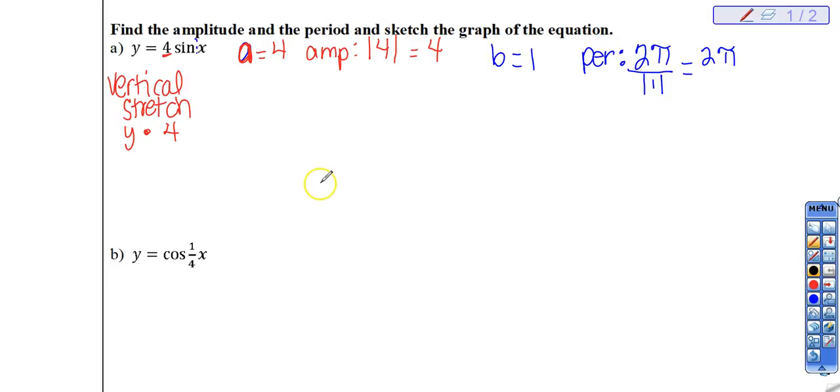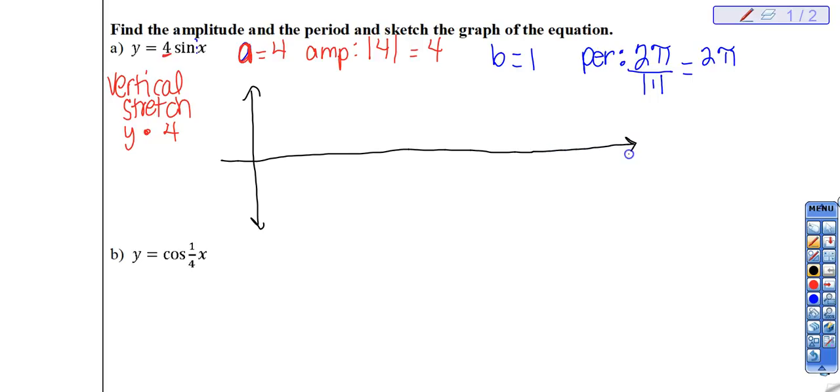So we have to be really thoughtful about how we create our graph. And I'm really looking for you only to draw one cycle of the graph. So mostly we'll work on the positive side of the x-axis. And you're going to want a fairly decent y-axis, because you're going to have to stretch up to 4 and down to -4, because your amplitude of that wave stretched by a factor of 4.